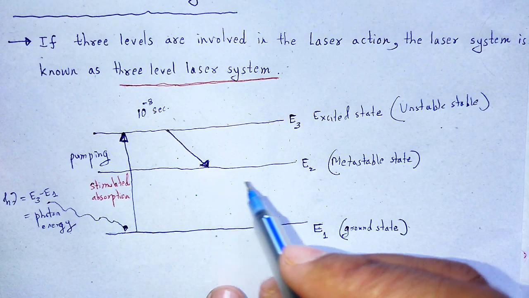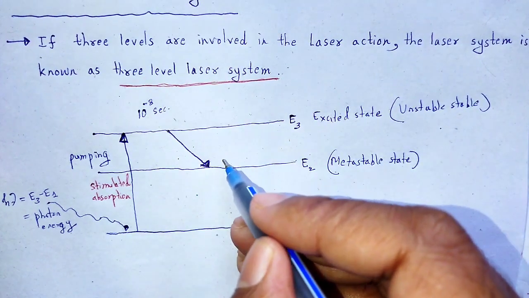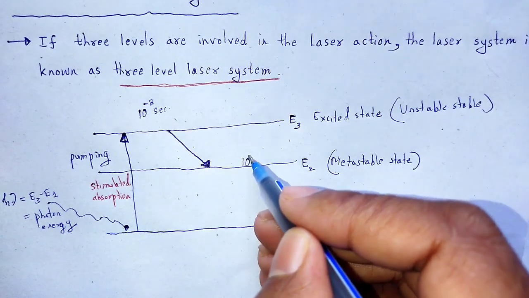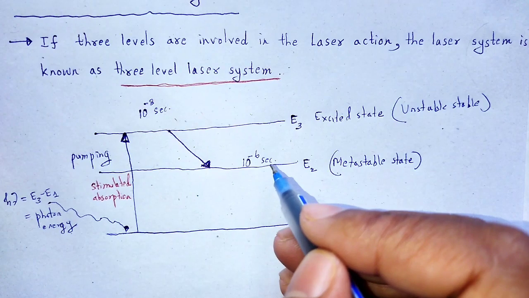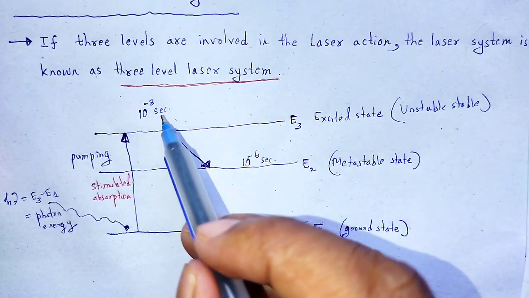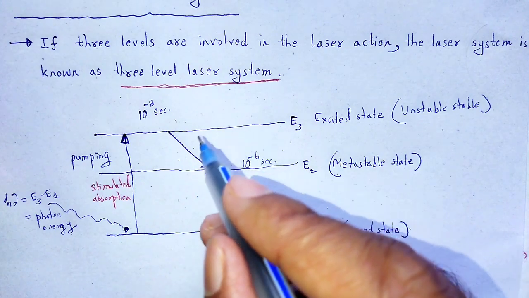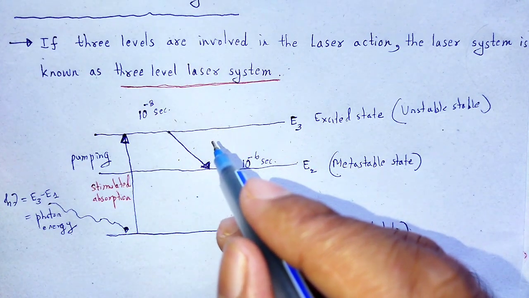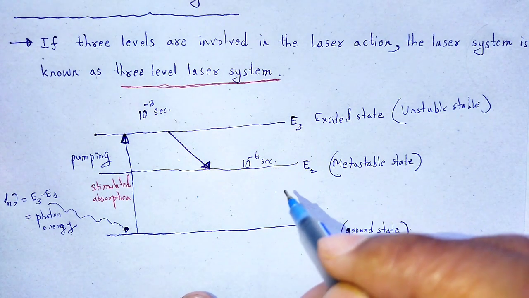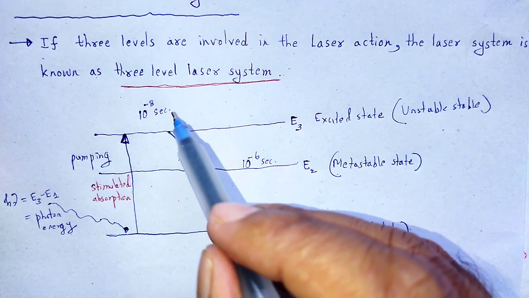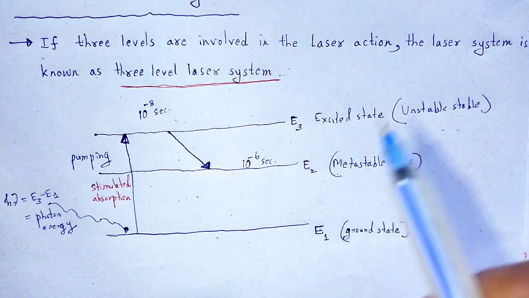The lifetime of atoms in energy level E2 is 10 to the power minus 6 second, which is much more than 10 to the power minus 8 second. Therefore, the phenomenon of population inversion takes place due to a huge time difference between these two energy levels E3 and E2.